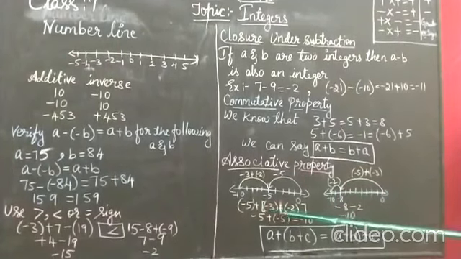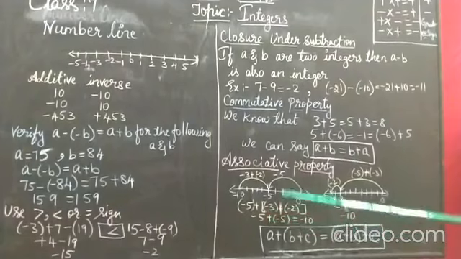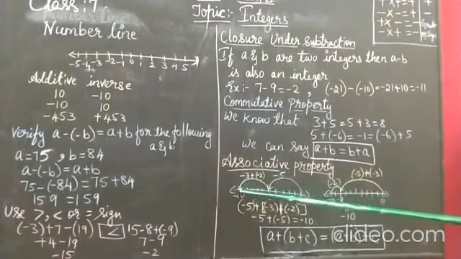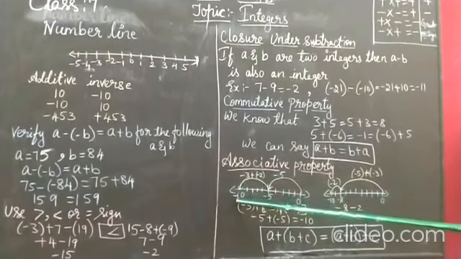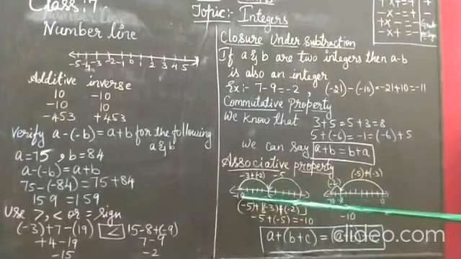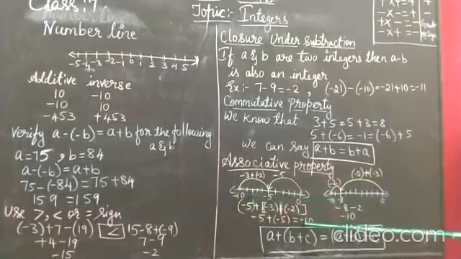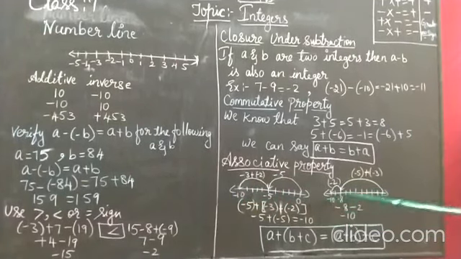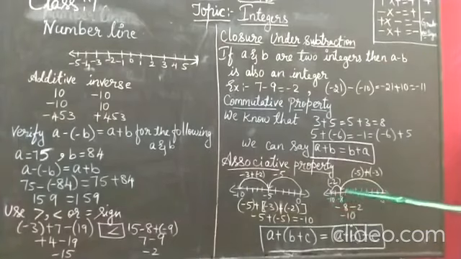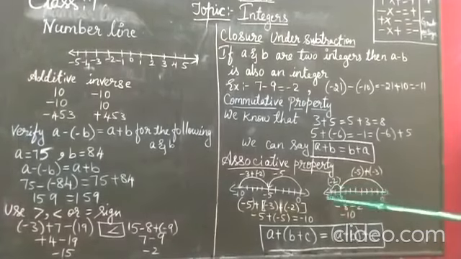Once you do the addition of this, it becomes minus 5. Minus 5, again count here: 1, 2, 3, 4, 5. Where is it landing? It's landing on minus 10. So I am showing the working on the number line here. So what is the answer? That is minus 10.